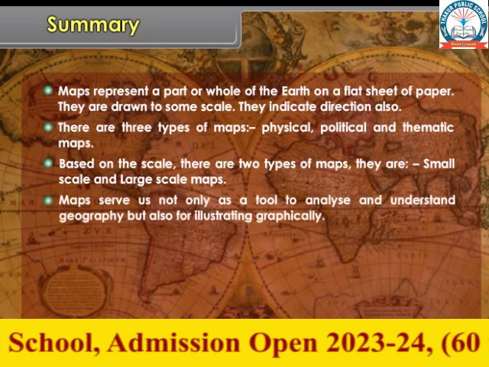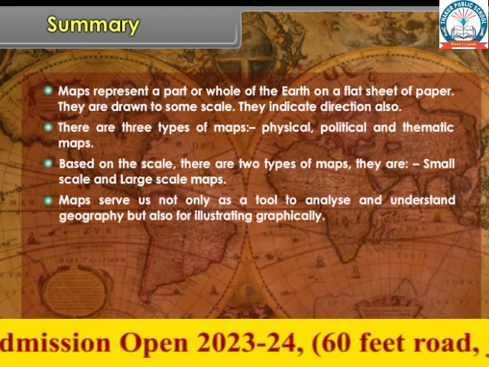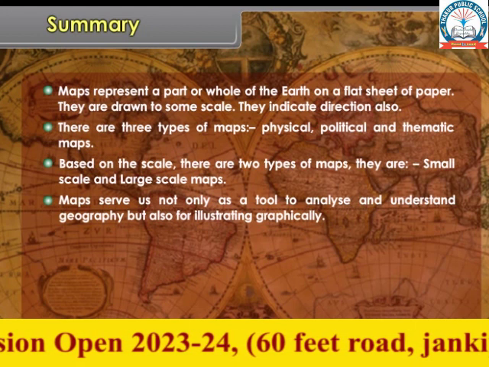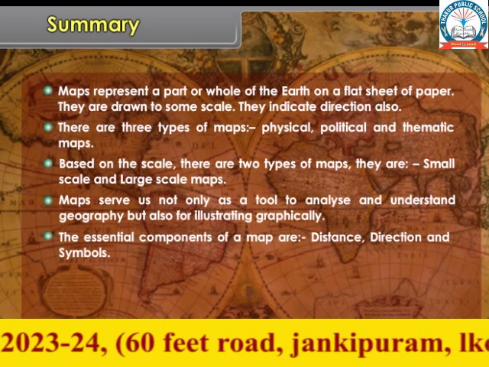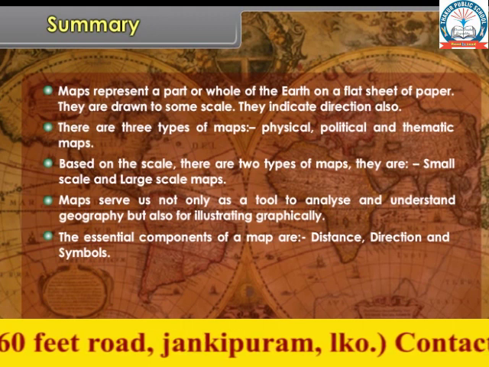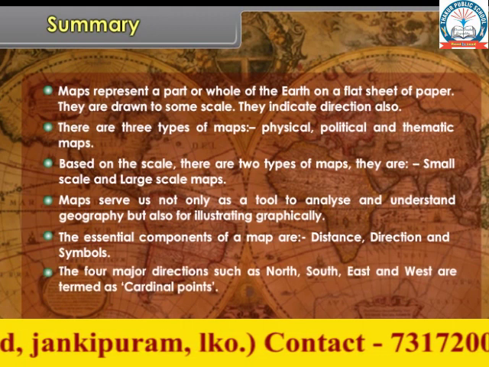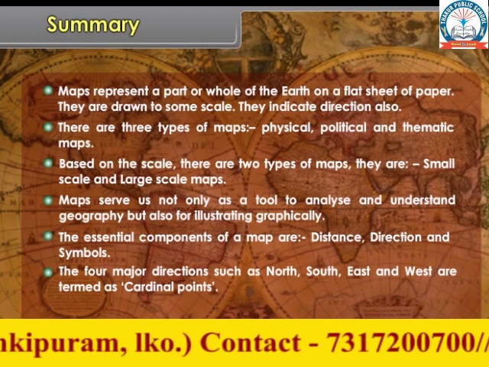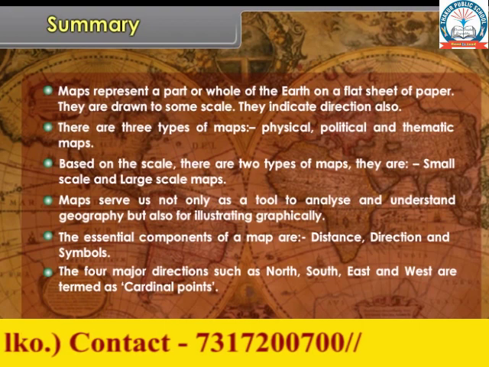Maps serve us not only as a tool to analyze and understand geography, but also for illustrating graphically. The essential components of a map are distance, direction, and symbols. The 4 major directions such as north, south, east, and west are termed as cardinal points.